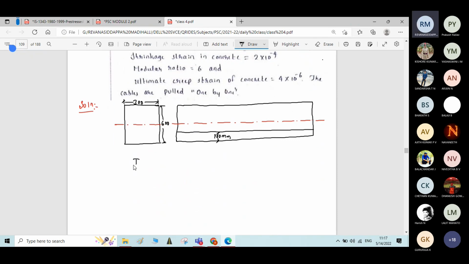Given data. Initial pre-stress is 950 Newton per mm square.